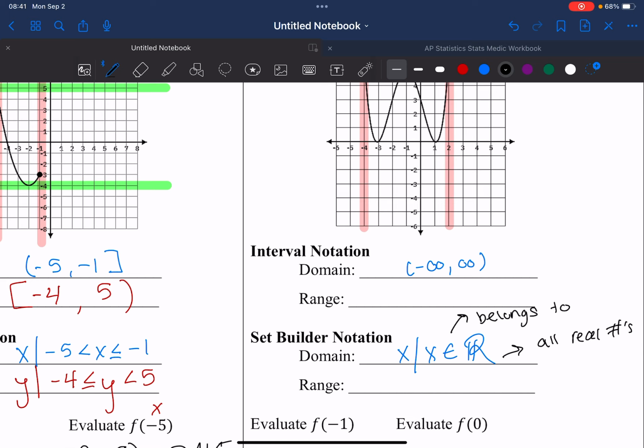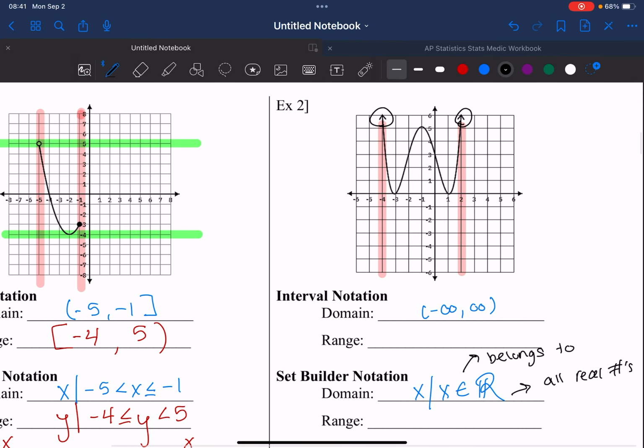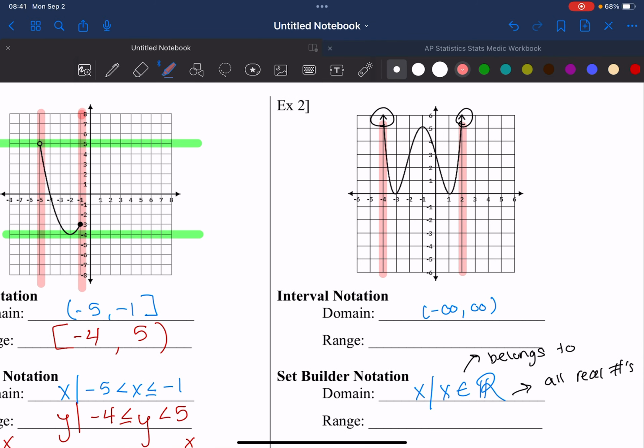Okay. So now looking at the range, we're looking from bottom to top. So right here, it looks like this is as far down as it goes. And if we're just looking at the graph, it looks like it goes all the way to the 6 up here. But again, since we have those arrows, we can't assume that it stops there. So it's going to go on forever. So we are going to start at the y value 0. And then we're going to go on forever in the positive direction, so that's infinity.